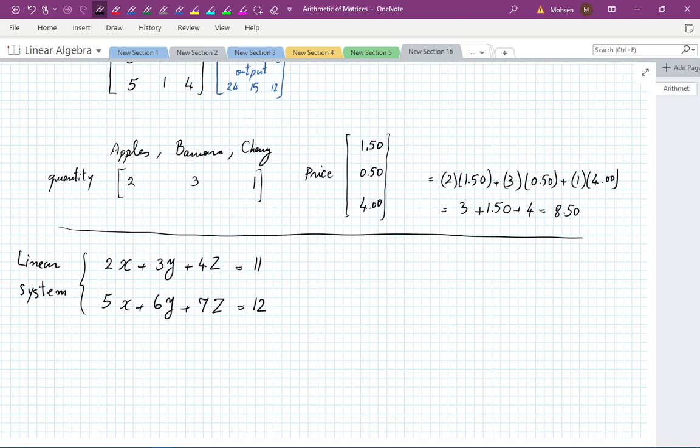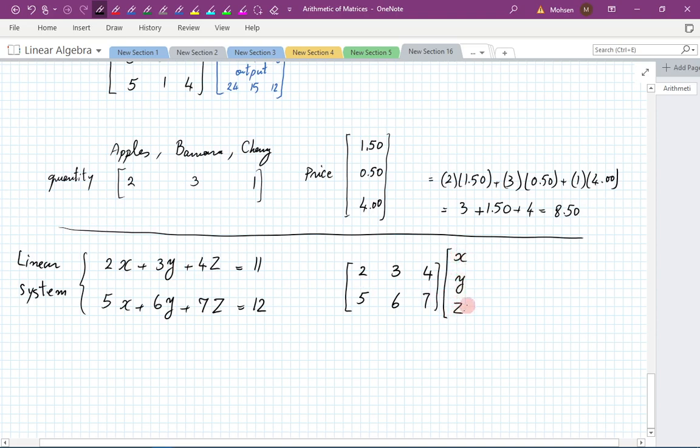Then we come and say, well, another way of writing this is to isolate your coefficient matrix. So 2 3 4 and 5 6 7, I just wrote them like that so we remember who's where, and the unknown matrix x y z, and the right hand side is 11 12. At the beginning of the semester we had isolated this matrix and the right hand side, and we were applying Gaussian elimination and so on.